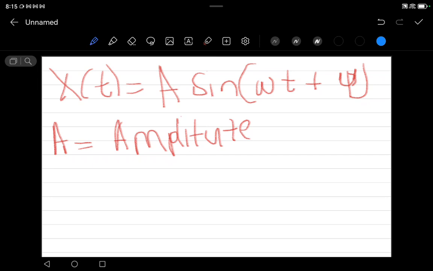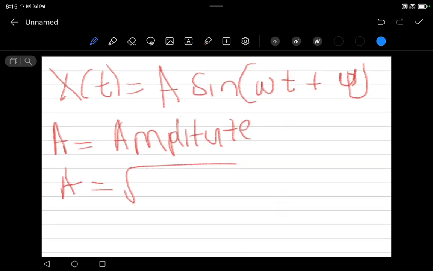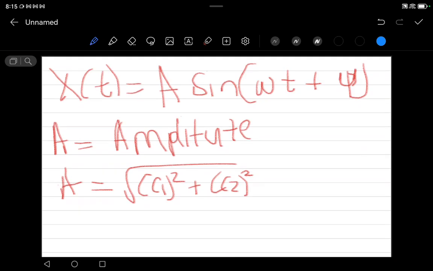To calculate A, it's going to be A equals the square root of c1 squared plus c2 squared, taking the values of c1 and c2 from our displacement equation. We get the displacement from the values of m. So this is how we're going to calculate amplitude.